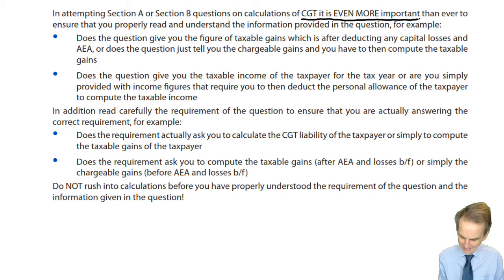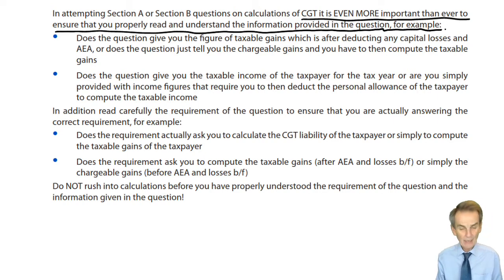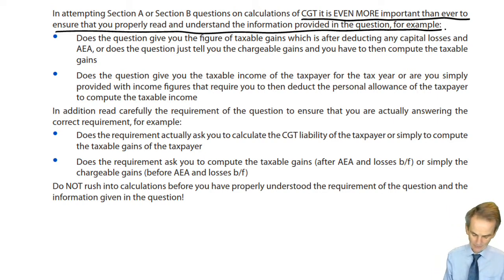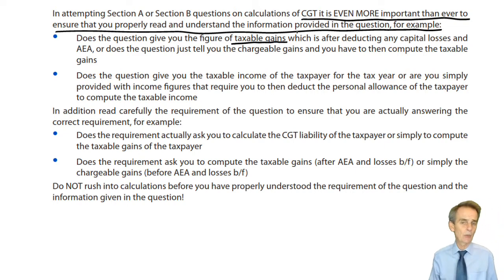it is even more important than ever to ensure that you properly read and understand the information provided in the question. Now, here are the typical examples. Does the question give you the figure of taxable gains? In the exercises that we've done so far, I'll be giving you both taxable gains and taxable income. And that was then used as the basis from which you could then compute the CGT liability.